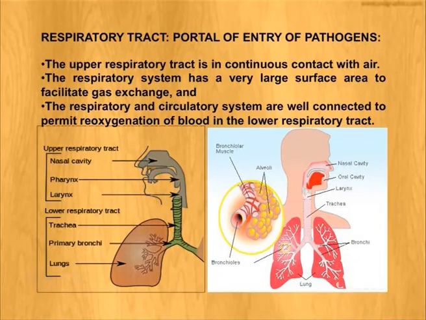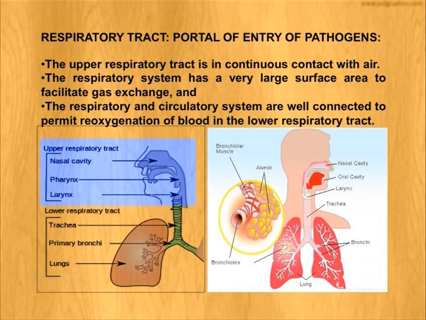Now, let us briefly understand the respiratory tract to know how this air, which is laden with pathogens, can enter and cause disease. The respiratory tract can be divided into an upper respiratory tract consisting of the nasal cavity, pharynx and larynx, and the lower respiratory tract consisting of the trachea, primary bronchi and the lungs.